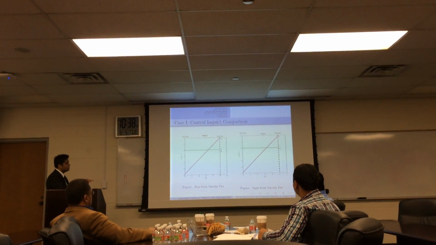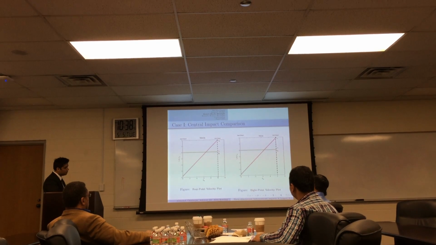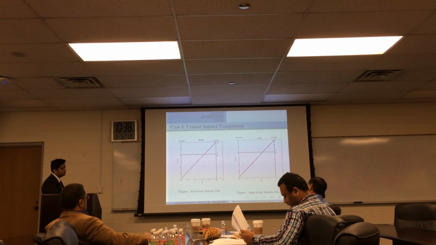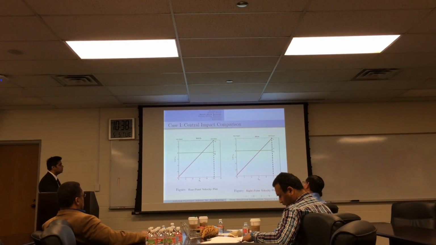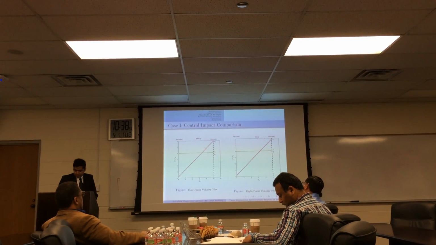In this case we have 4 different plots for velocity, and in this one we have 8, but they are all overlaid on each other because it's coming straight down and straight up.